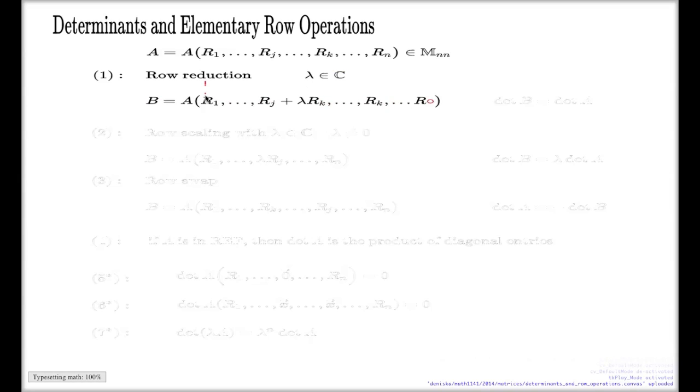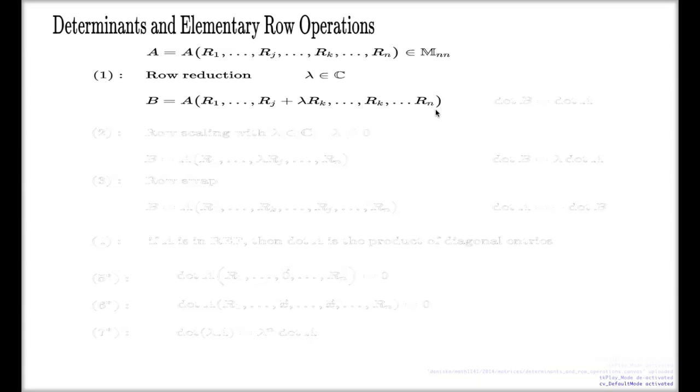Look at this. First row the same, all of the others the same. The jth row, you see, is the old jth row plus the scaled kth row. All of the other ones identical. The kth is the same, the nth is the same. It's my encoding of the row operation, something you've by now done so many times, you know it even better than me.